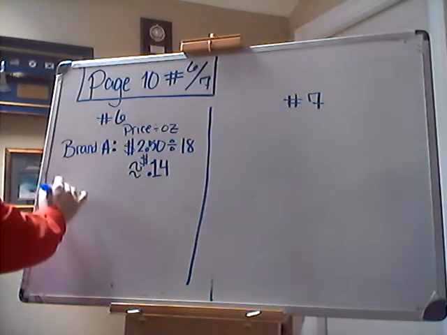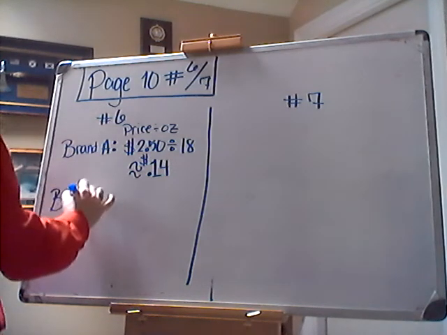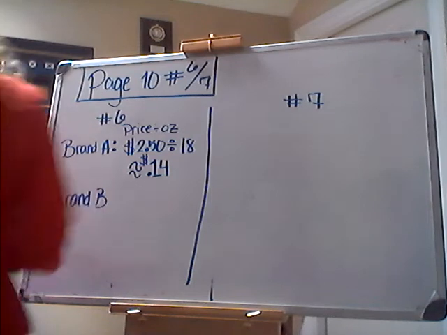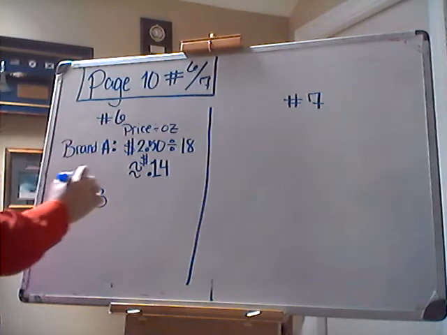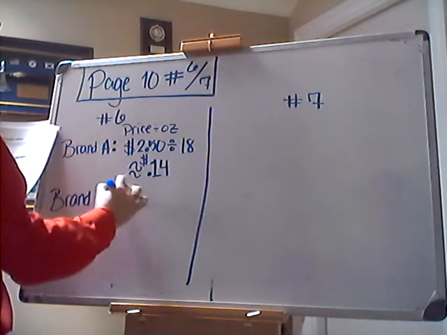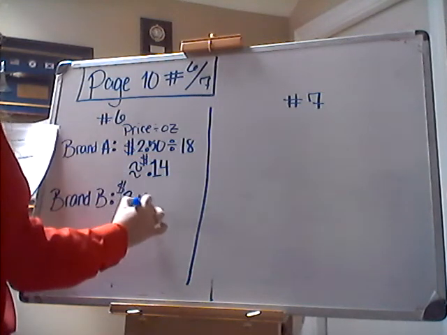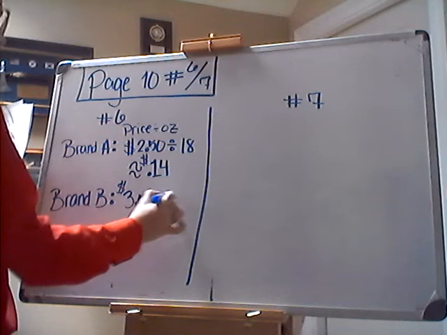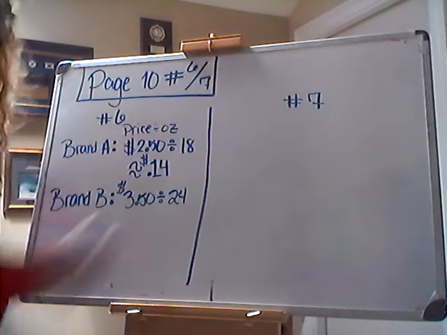Brand B, find their price per ounce. We do the price, which is $3.50, divided by the number of ounces, which is 24.